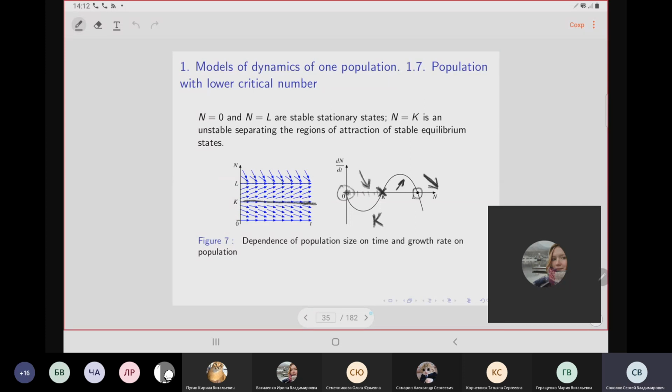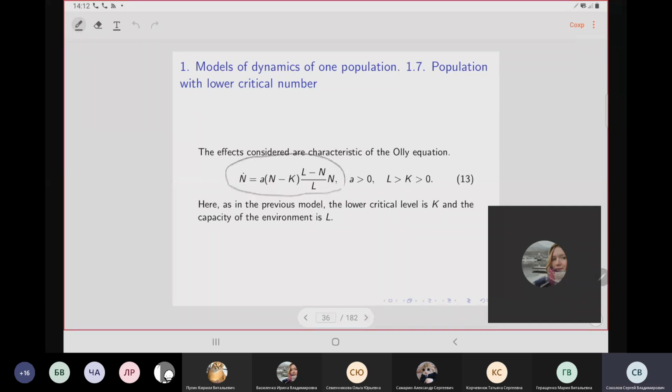but model 13 is more suitable to analyze because L and K are involved in the right-hand side, so we do not need a lot of additional coefficients.